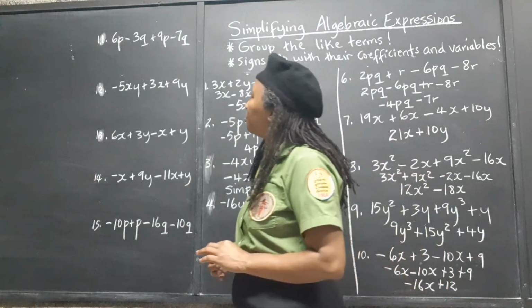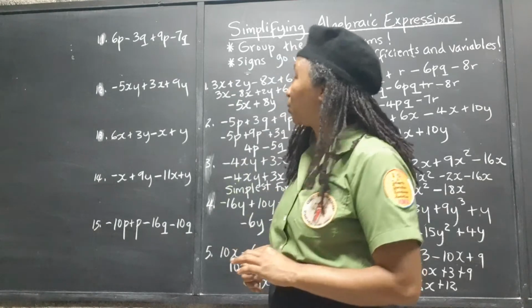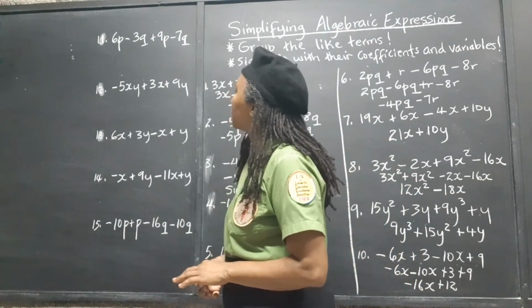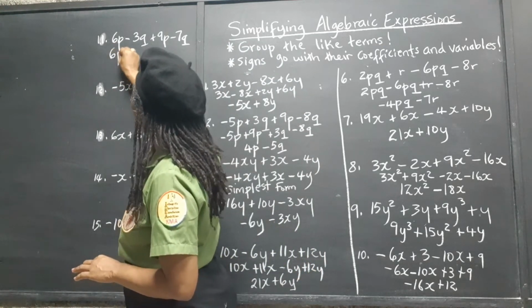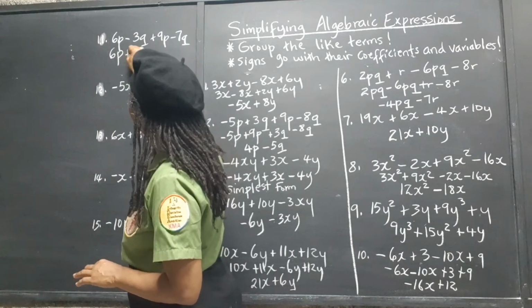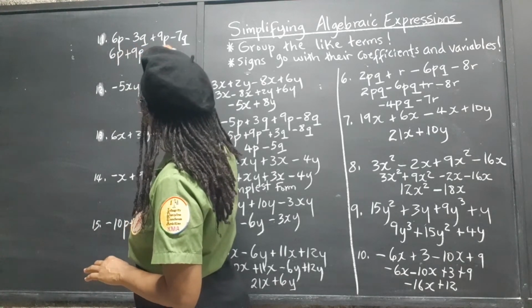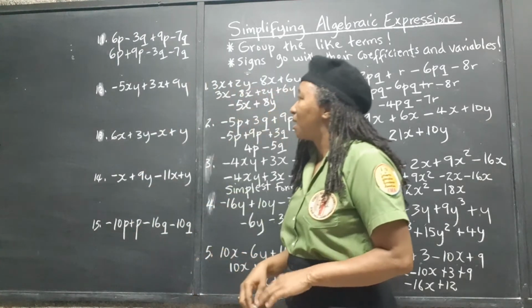We have P's and Q's. You know when they say you're to mind your P's and Q's. So let us mind our P's and our Q's. We have a 6P and a 9P. We have negative 3Q and negative 7Q. Alright?